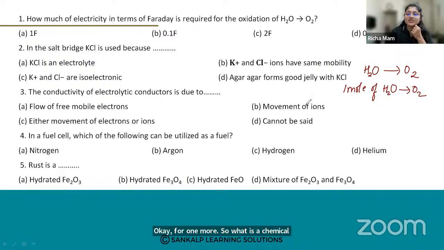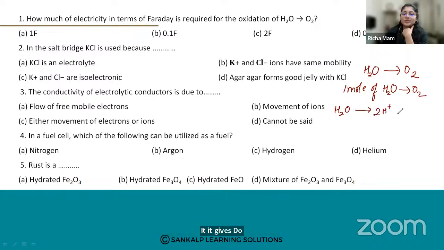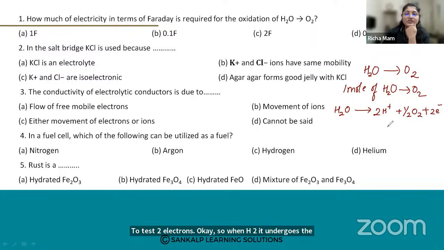When the water molecule splits, it gives 2H plus, half O2, plus 2 electrons. So when H2O undergoes the chemical reaction, it gives 2H plus, half O2, plus 2 electrons. Here, how many moles of electrons are released when 1 mole of H2O decomposes to give O2?